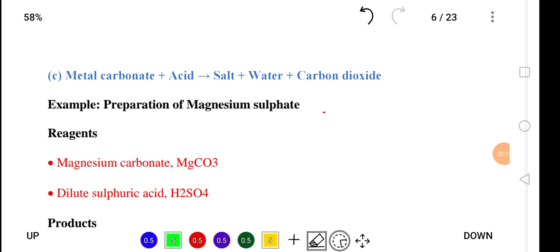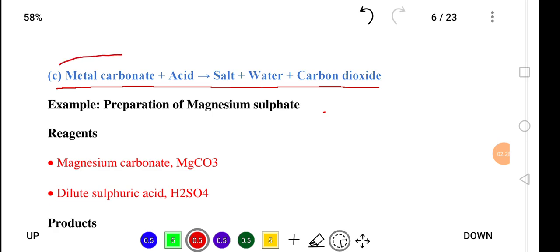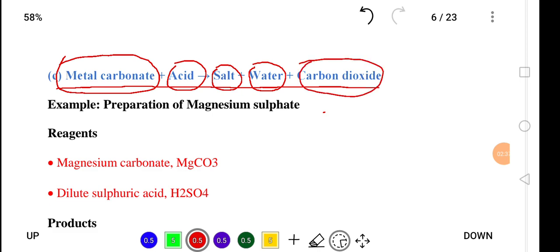Before I even continue, I am going to underline our point number C. At this level, we are going to react a metal carbonate with an acid to produce salt, water, and carbon dioxide, where a salt is going to be our major product, while water and carbon dioxide will be our minor products.